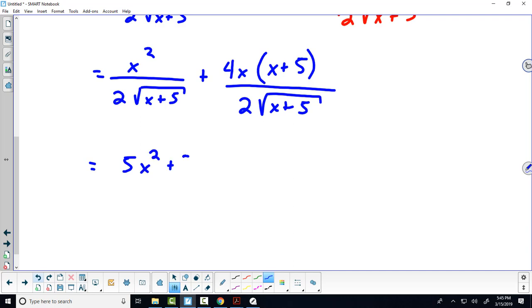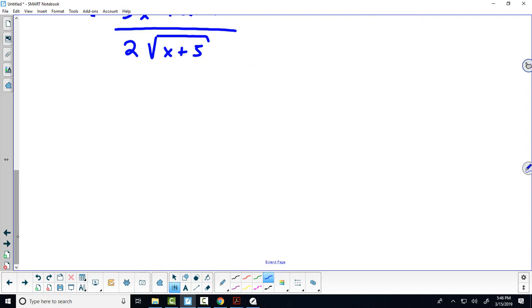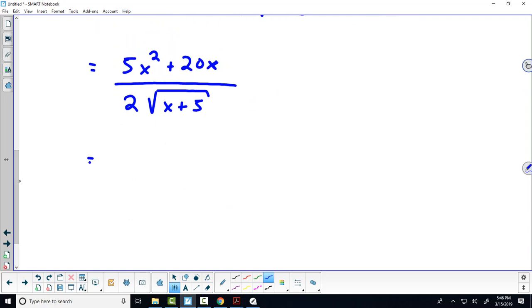And then I'd have plus 20x, all over 2 times the square root of x plus 5. Okay. I would like to take one more step to factor the numerator. So let's go ahead and do so. This gives us 5x times x plus 4 all over 2 times the square root of x plus 5.